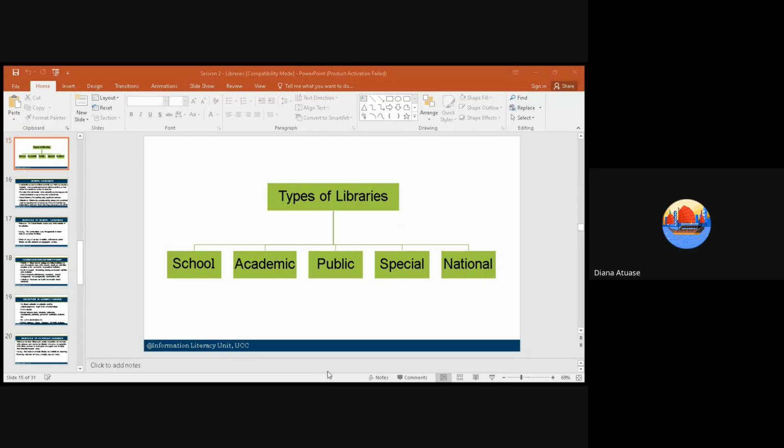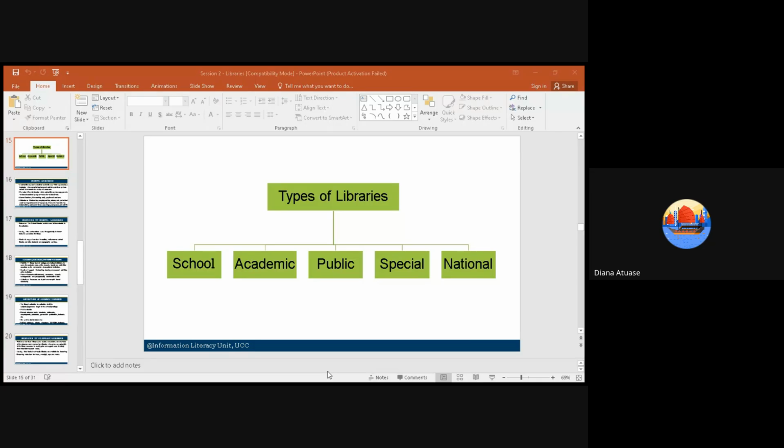So in every community that you are, you can find a library, and that is called a public library. Another name for a public library is People's Library or Poor Man's Library. It's also called People's University.